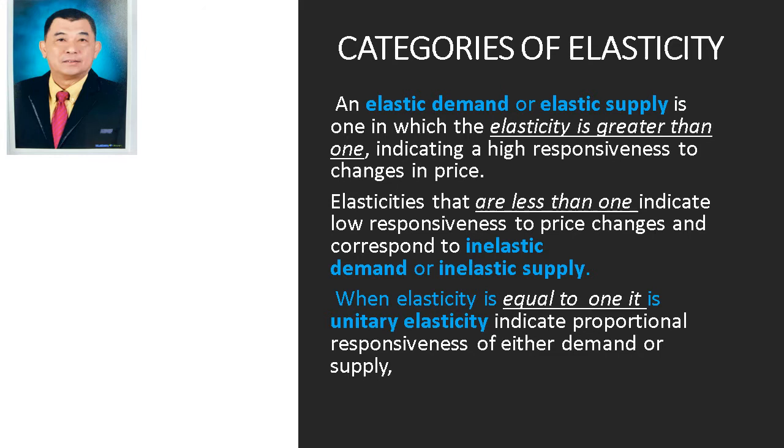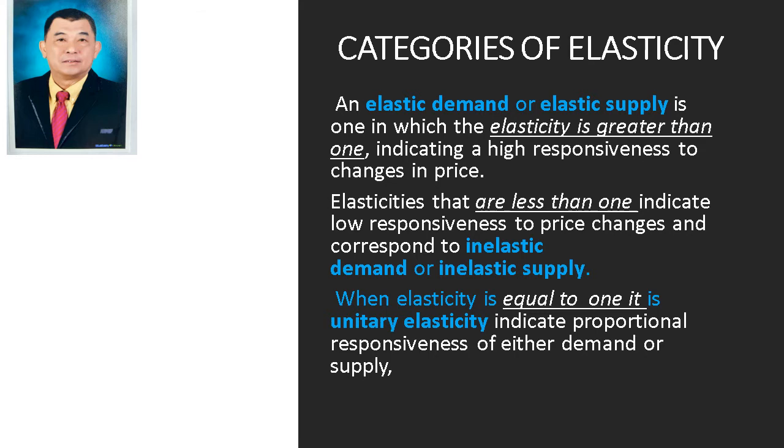Here are the considerations. After computing the percent change in price and percent change in quantity demanded, if we are talking of demand and the answer is greater than 1, it is an elastic demand. If you are talking of supply and it is also greater than 1, it is an elastic supply.